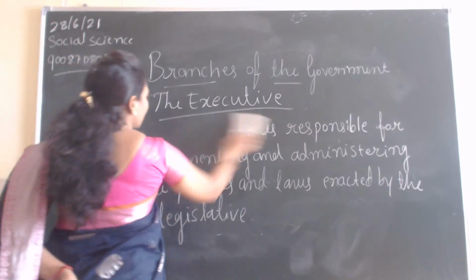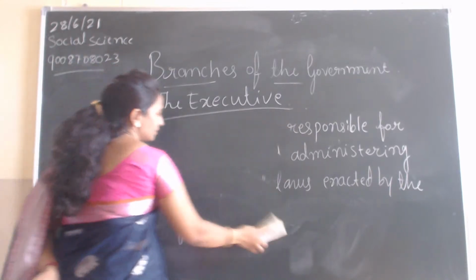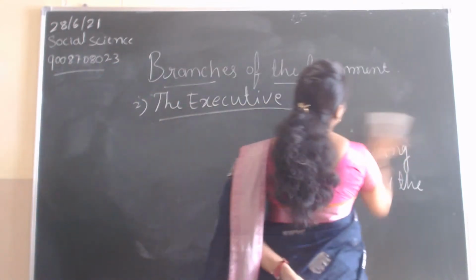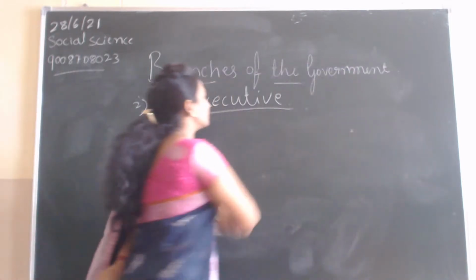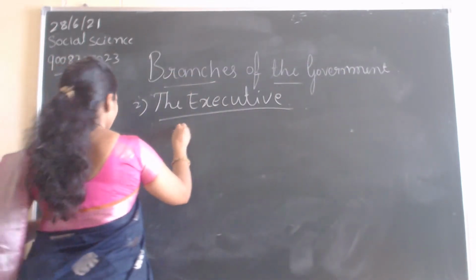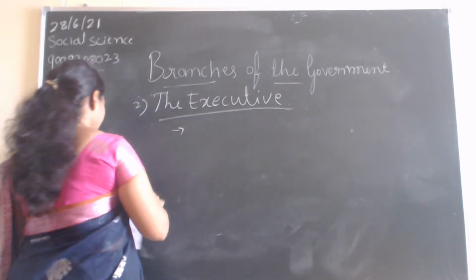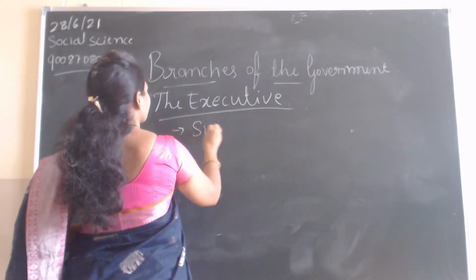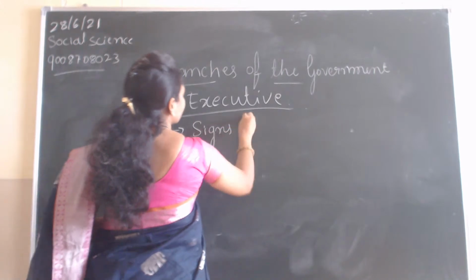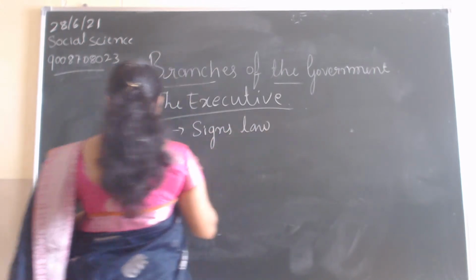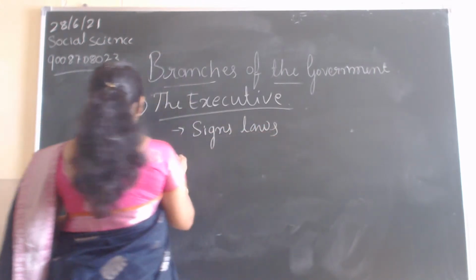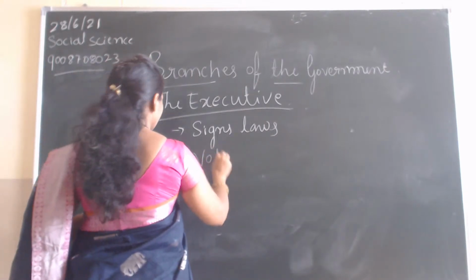Under this, I'll give short information, the definition of the executive. What responsibilities come under the executive? First one, signs laws. Second one, enforces laws.